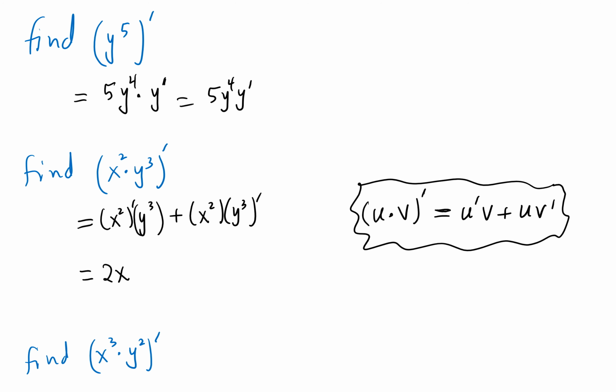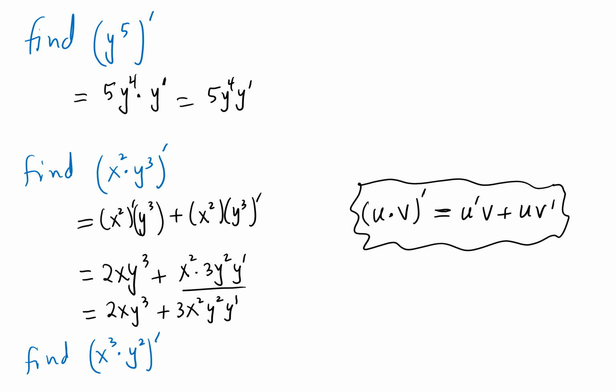That gives us 2x y cubed plus x squared times the derivative of y cubed, which is 3y squared y prime. As a final answer, 2x y cubed plus 3x squared y squared y prime.